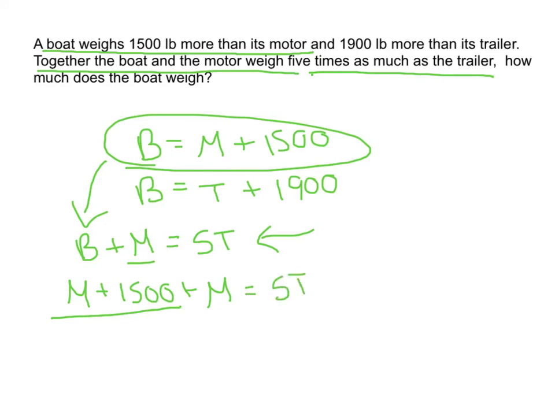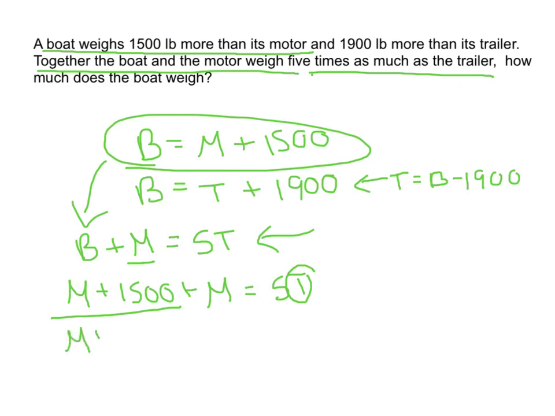Now, here, again, I have two variables, and it's not letting me get rid of that one extra variable. So how can I get rid of that t? Well, the only other place where I see t as a variable is here. So if I rewrite the second equation, I can rewrite it as t equals b minus 1900.